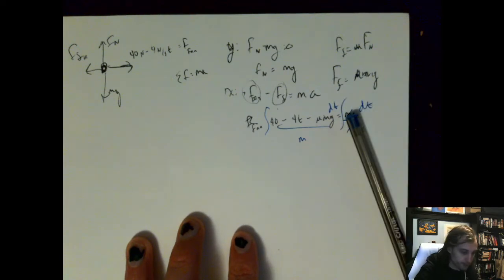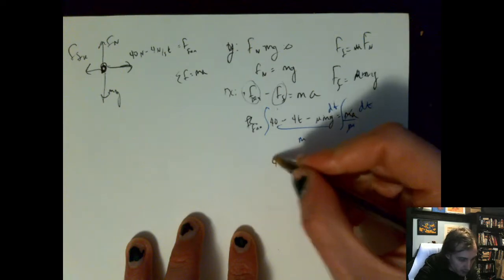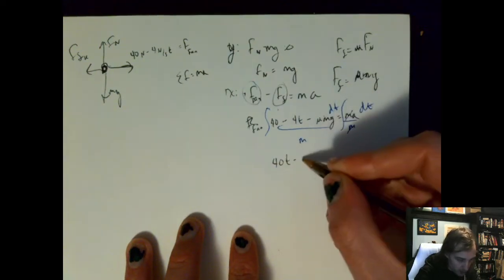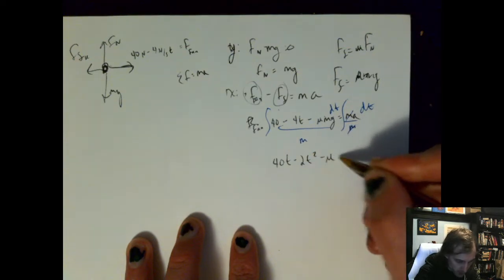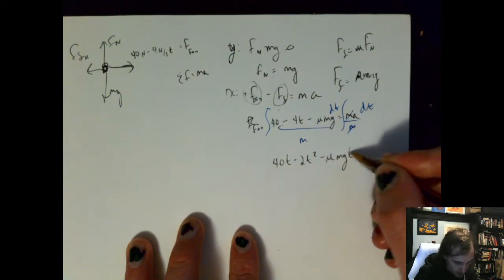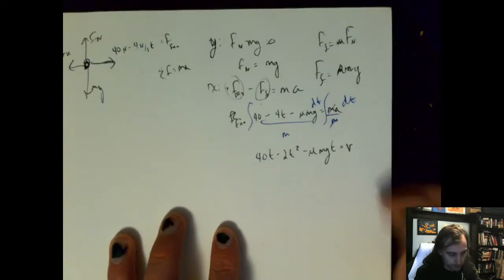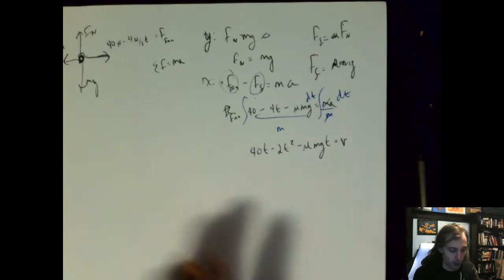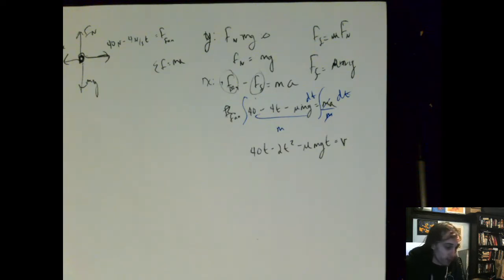And when we do that, what we'll wind up with is 40 times time minus 2 times t squared, minus mu mg times time, will equal our velocity as a function of time. This is nice because we're going to need to solve for time when velocity is equal to 0, because that's going to be how far it travels before it stops.